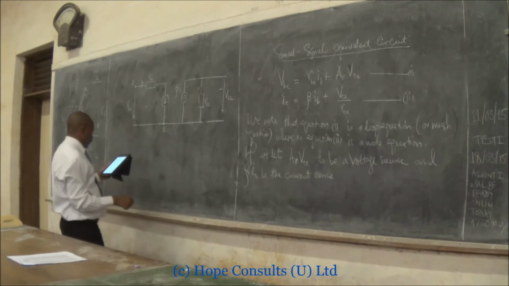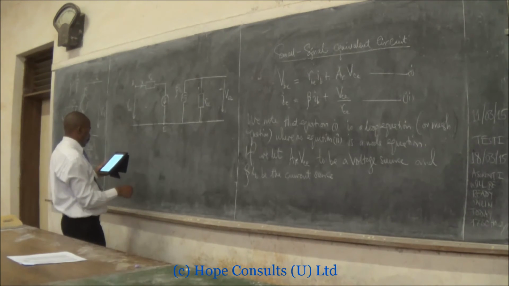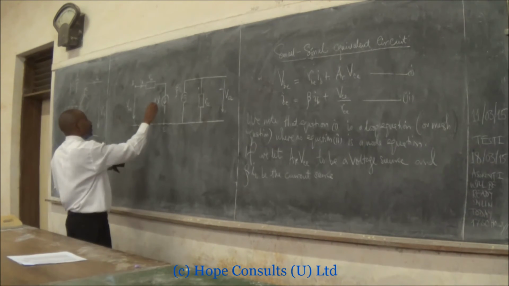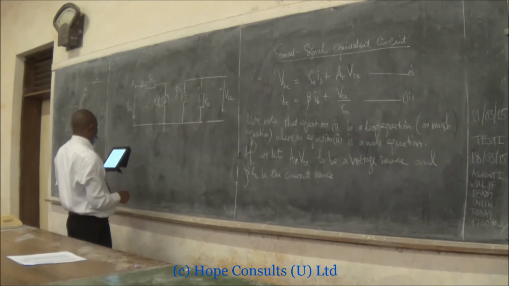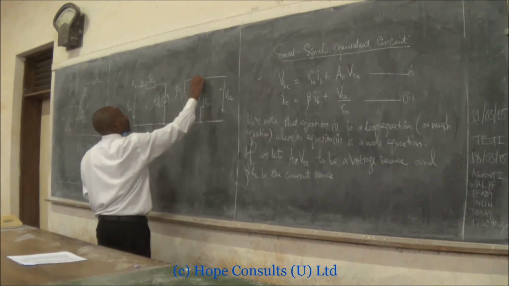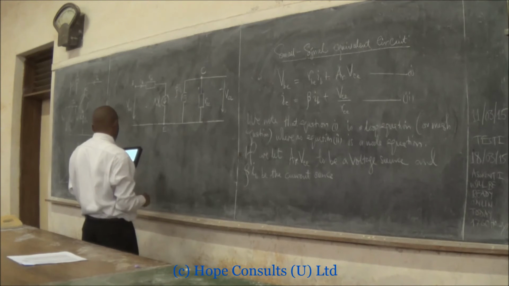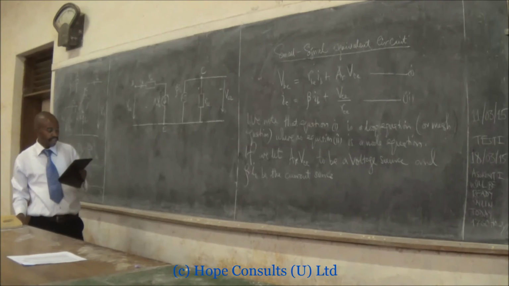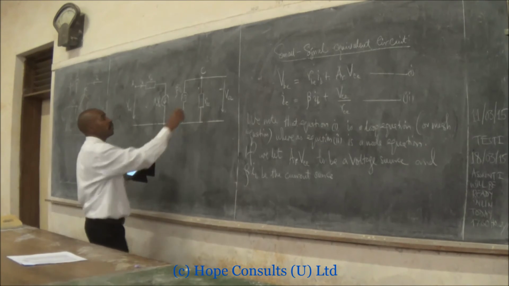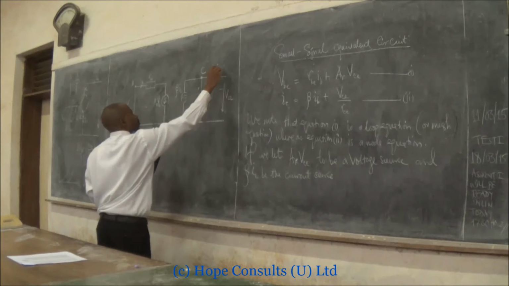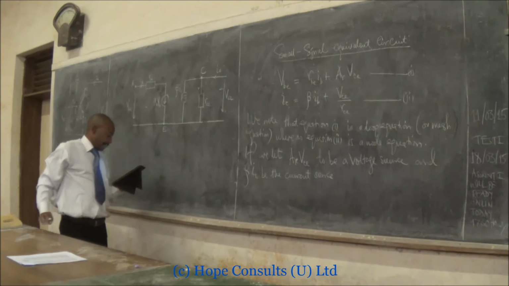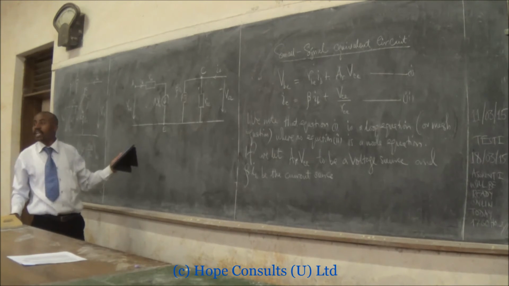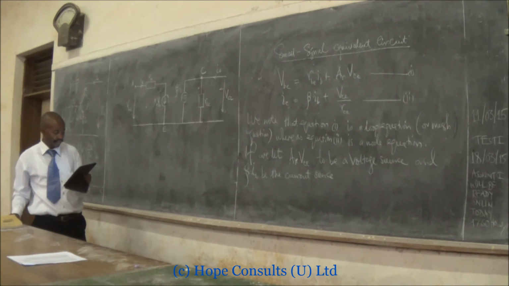We have our voltage here, which is AR VCE, and our collector is here. And I think we have managed comfortably to present our equation. So our IC goes in here, IB, and this is the equivalent circuit of the transistor.